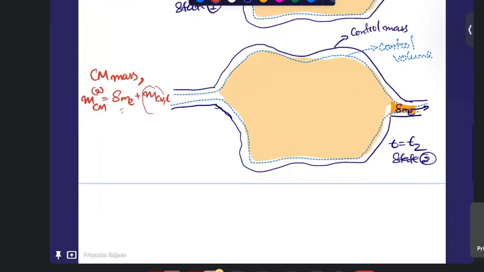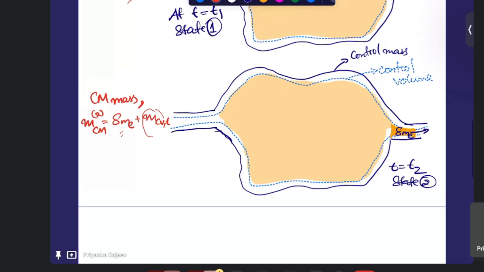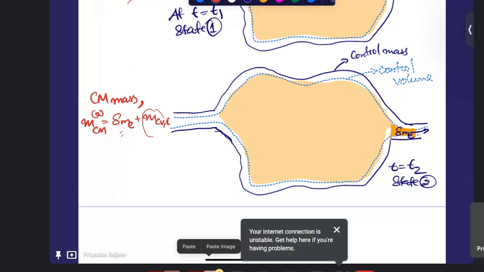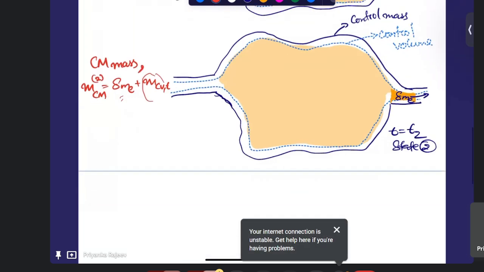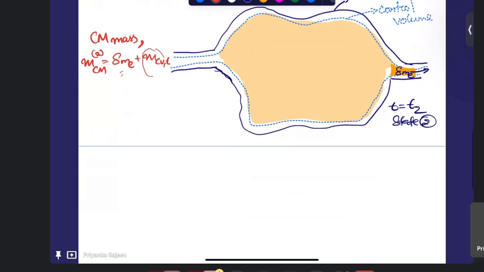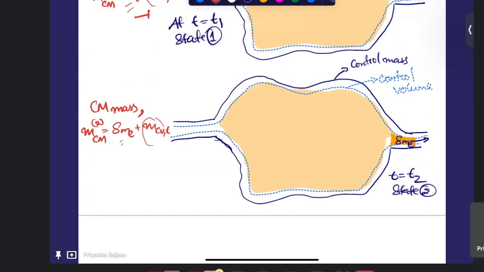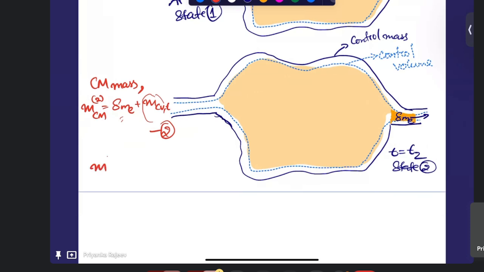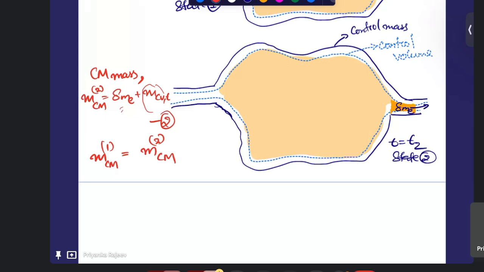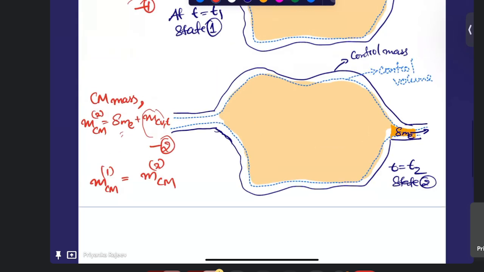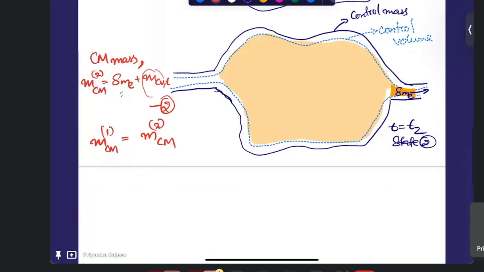Now, as we know, in a control mass system the mass won't change with time, right? So from equation 1 and equation 2, the mass of the control mass at state 1 will not change. That means it will be equal to the control mass at state 2. Now if I equate equation 1 and equation 2, what will I get?